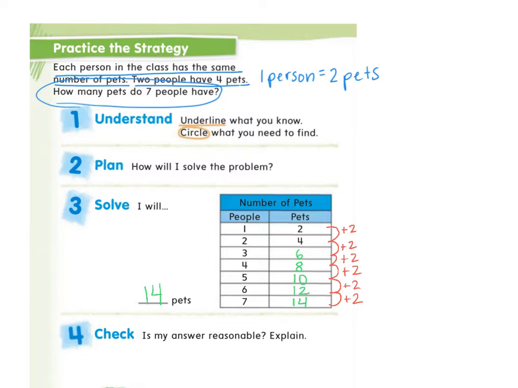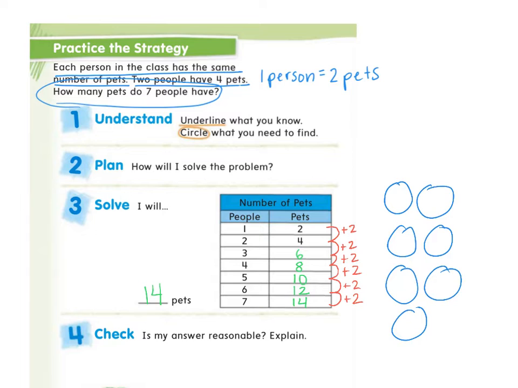And now let's see, is that reasonable? Is it reasonable that if one person has 2 pets, that 7 people would have 14? It is. If I had gotten something like 1,286, that would not make sense. It makes sense, though, because I know that it's 2 pets per person. And if I have 7 groups of 2, like I do, let's actually show that. Let's show if I had 7 people, 1, 2, 3, 4, 5, 6, 7, and they all have 2 pets.